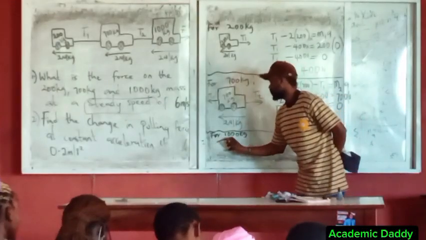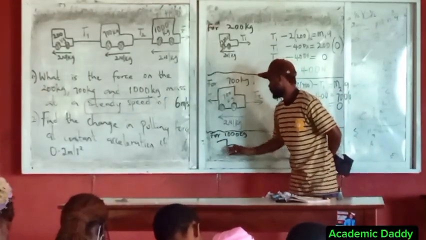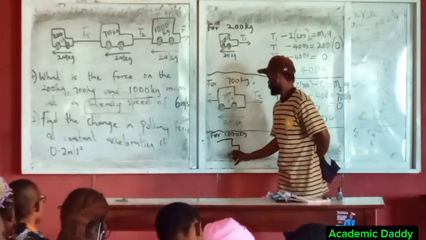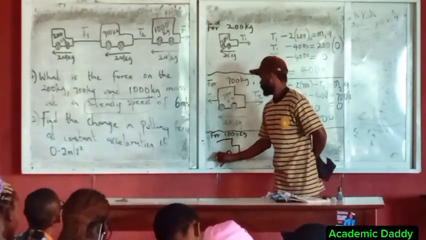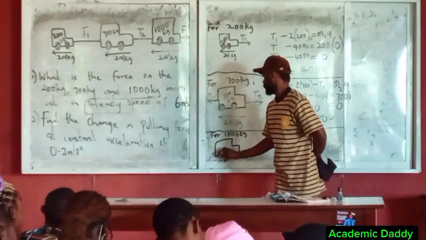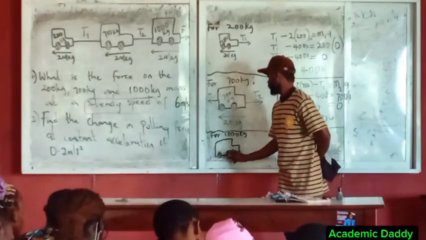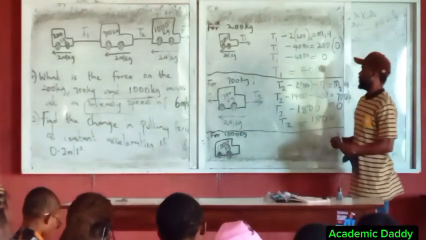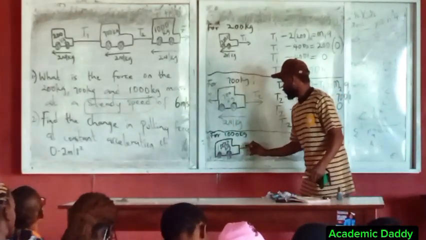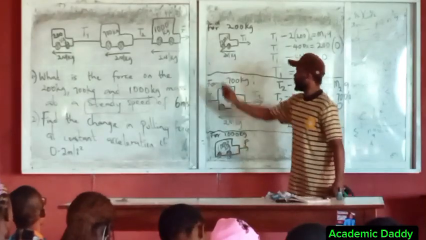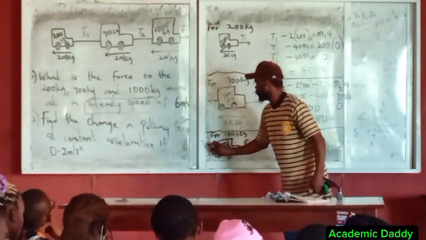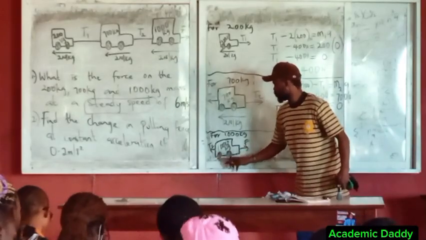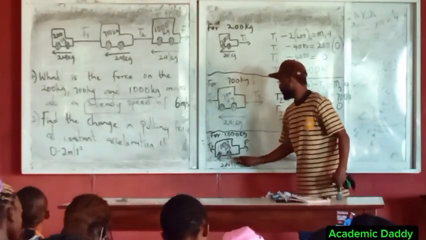So now I'll get the forward force, which is F. Then I'll get the backward force, which is T2. Then I'll get the resistance, which is 2 Newton per kg.